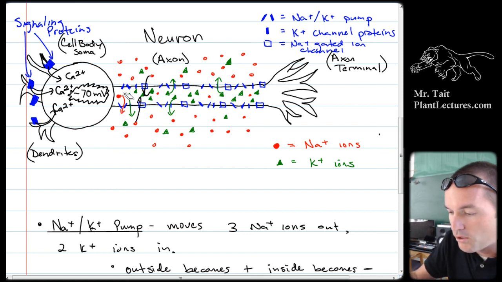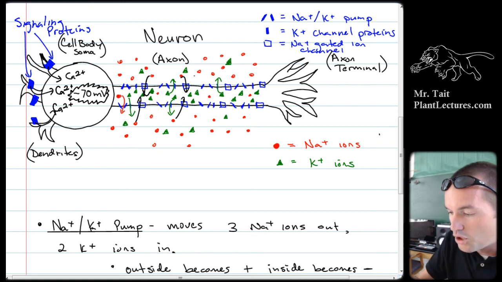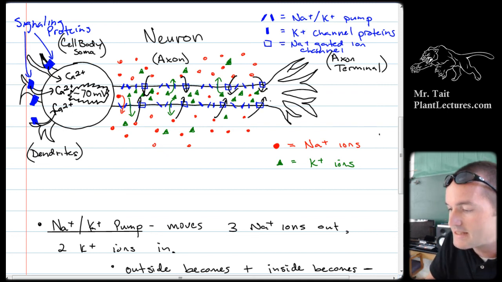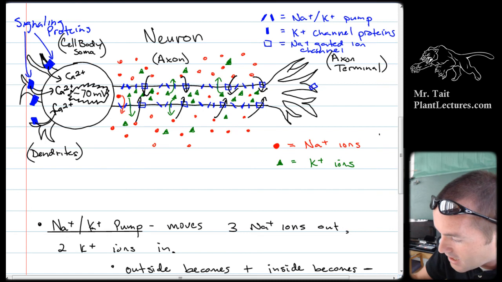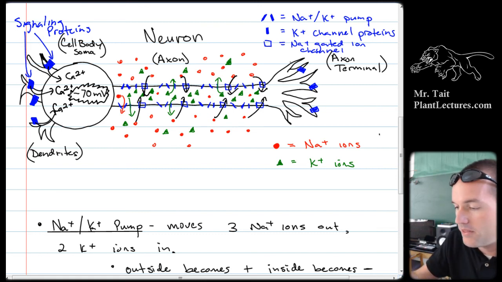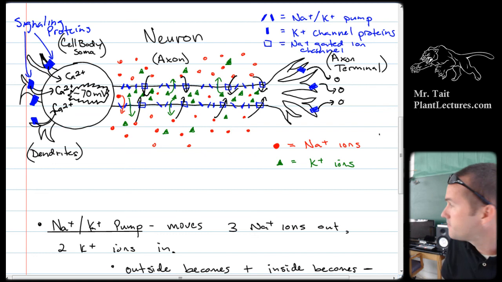And that's going to depolarize, or cause this end to get more positive, which is going to open the next set of gates, which opens the next set of gates, which opens the next set of gates, until the inside of the neuron is now extremely positively charged, which causes some signaling proteins on the other side that respond to positive charge within the neuron to release their neurotransmitters out into the synapse, which is the space in between neurons.